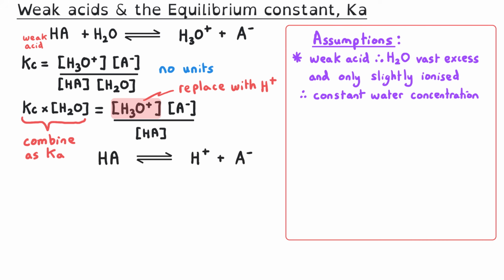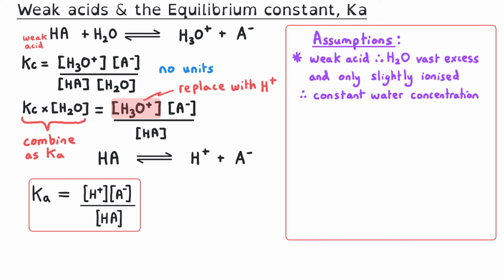So the acid dissociation equilibrium is simplified down to the undissociated acid itself on the left-hand side, and the hydrogen ion, or we might say the proton, and the conjugate base on the right-hand side. And so the Ka expression for this would be the hydrogen ion concentration multiplied by the A- concentration on the top and the undissociated acid concentration on the bottom.